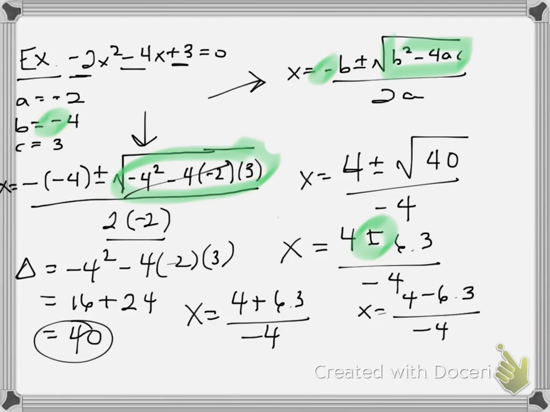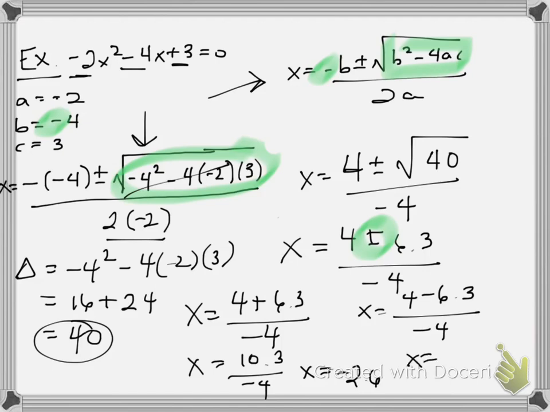So 4 plus 6.3 is 10.3 over negative 4, or x equals negative 2.6. And then over here I have 4 minus 6.3, which is negative 2.3.